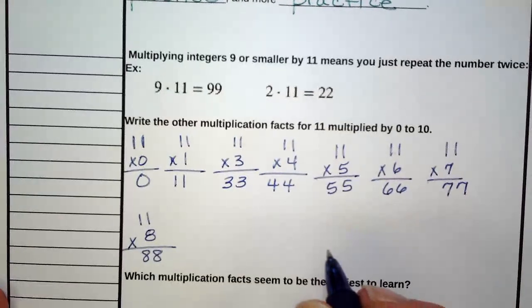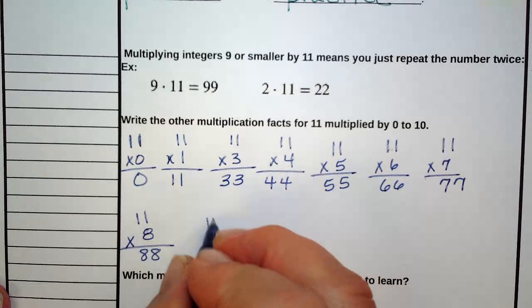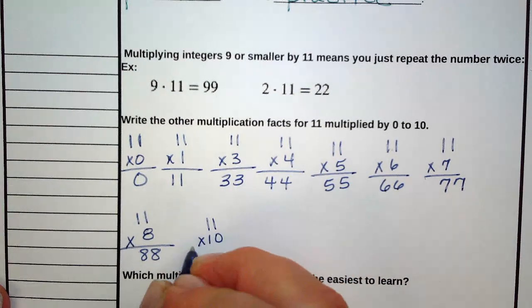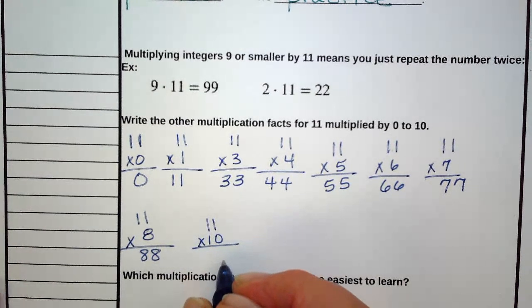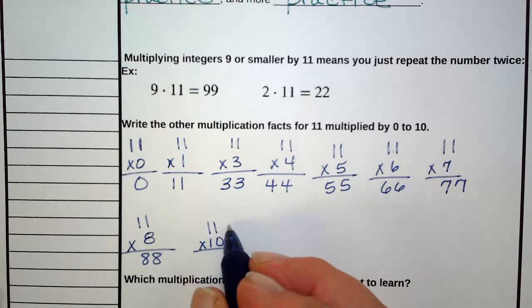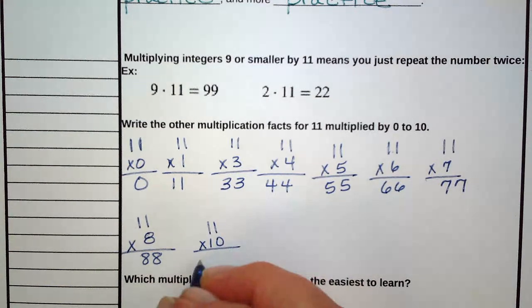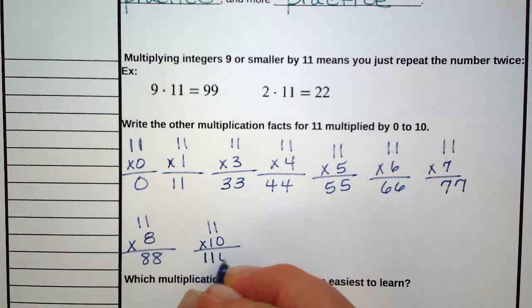We've got 9 up there. 11 times 10. Okay, oh my. Well, I'm going to use the fact that when I multiply by 10, I just put a 0 at the end. 110.